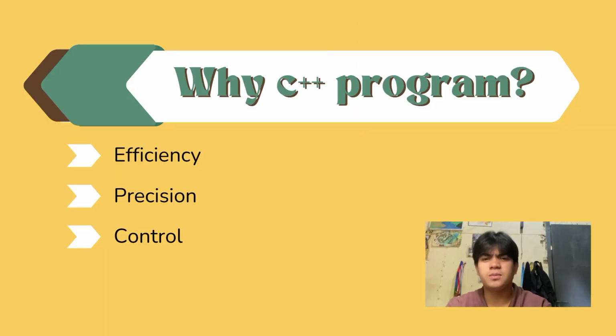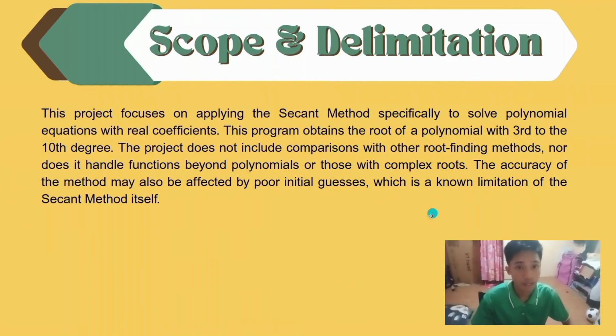We use C++ for the secant method because of its efficiency, precision, and control, especially in educational and engineering applications. It gives insights into how root finding works numerically, and it is a strong foundation for more advanced methods or solving real-world equations. So thank you, Julius, for the C++ program.